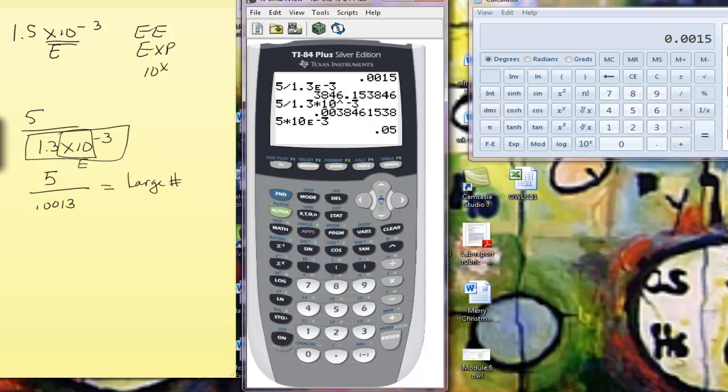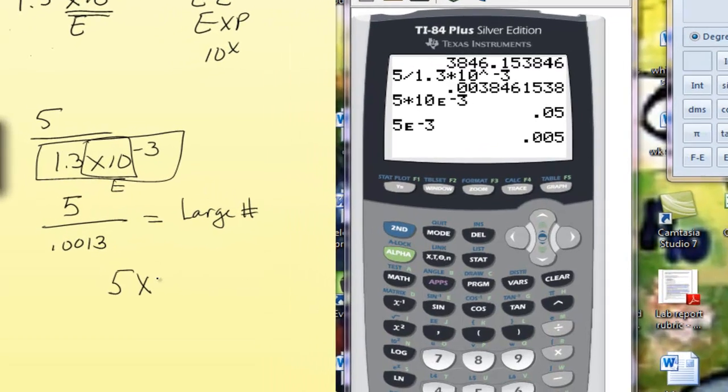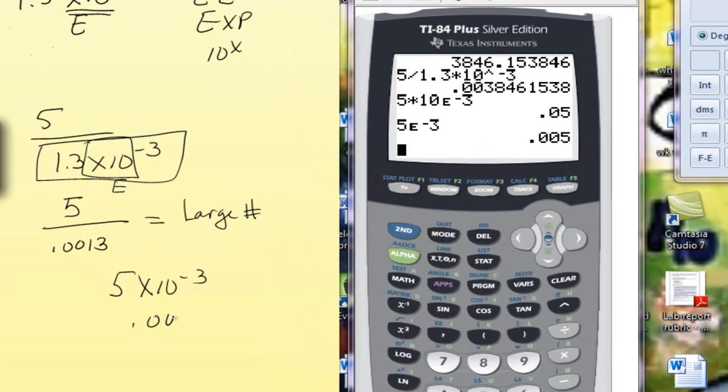And versus 5 second E minus 3. Notice those are two different numbers, and by putting in that times 10, I made it 10 times bigger than the original number that I wanted. So 5 times 10 to the minus 3 should look like this. And if I put in that 5 times 10, I've made it 10 times larger. So be careful that you don't do that. This designation is the correct one to use.